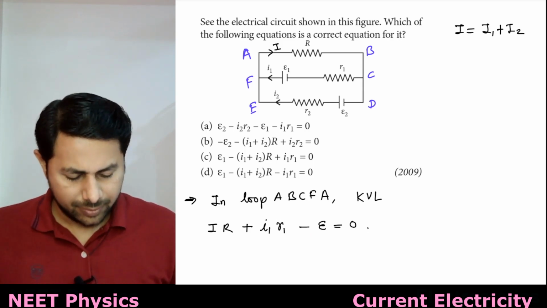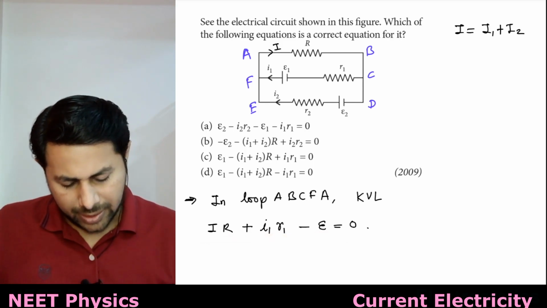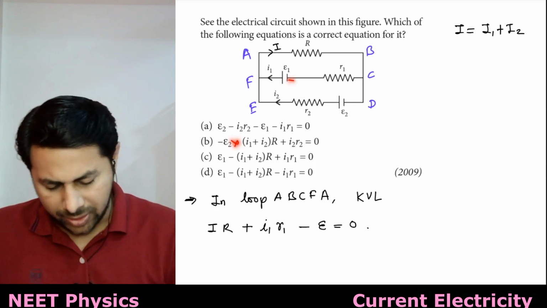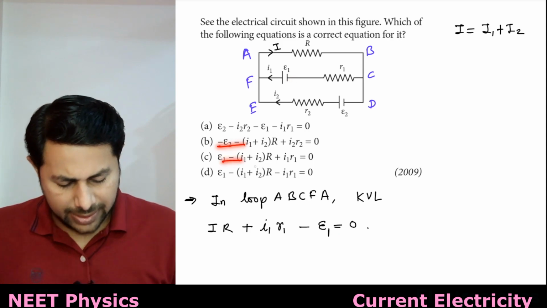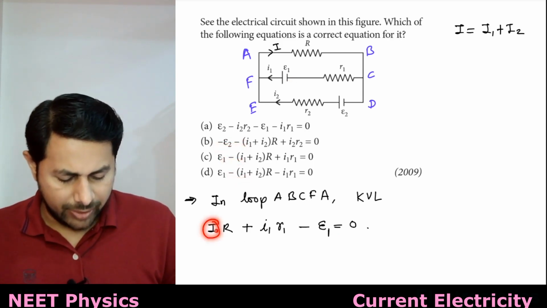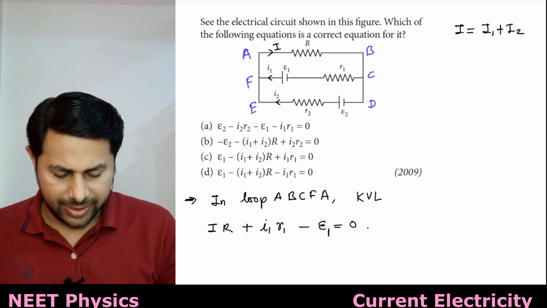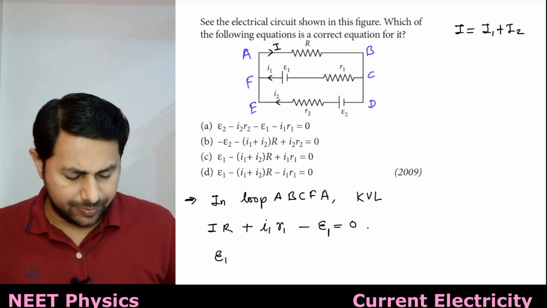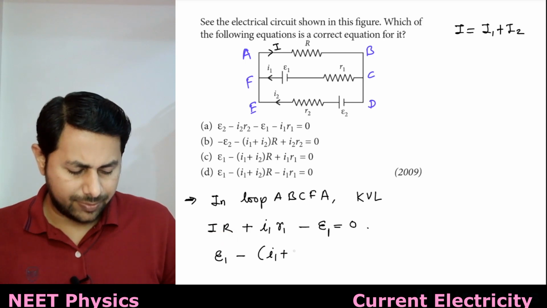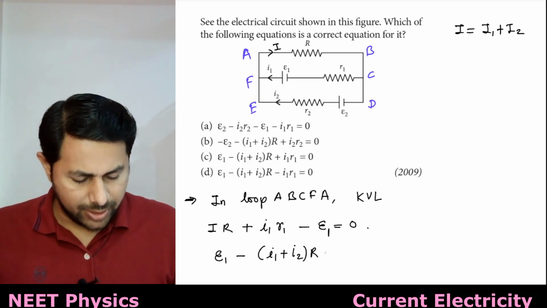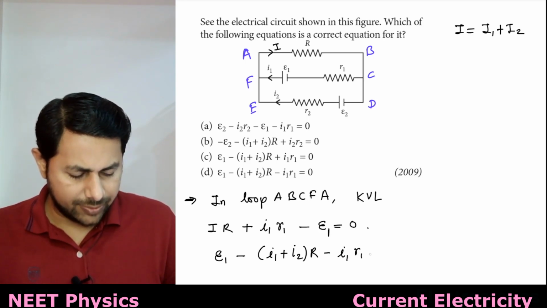But see whether it matches with any one of the options. There is E2 in this branch, and this is our E1, so it doesn't match with this one. Let's check this one and this one. Here the EMF is positive, so you can just multiply the equation with a negative sign. So you will have E1 minus I times R, where I is I1 plus I2, and minus I1 times R1, equal to 0.